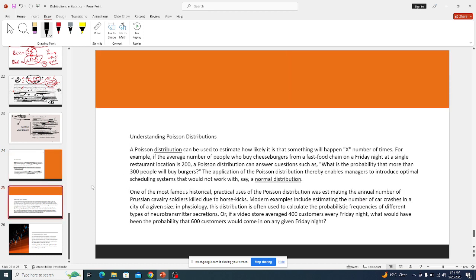So, understanding the Poisson distribution, let's take an example of how we can use it, very simple and to the point.